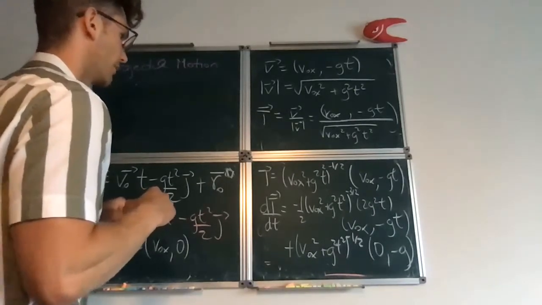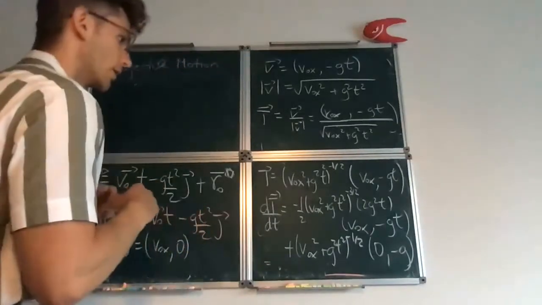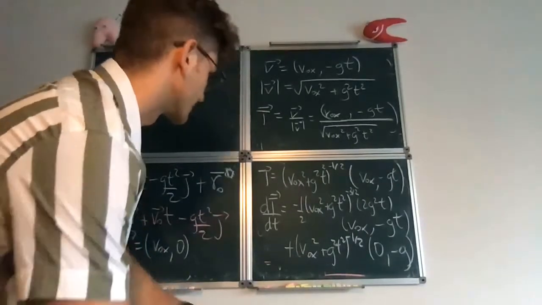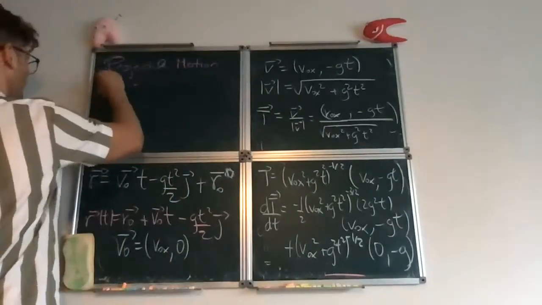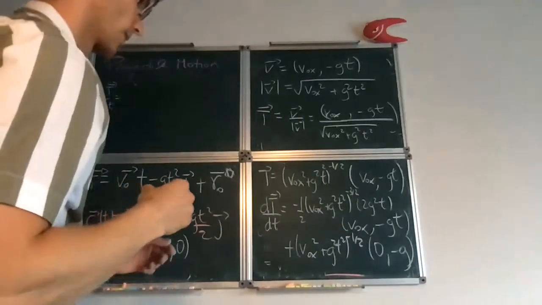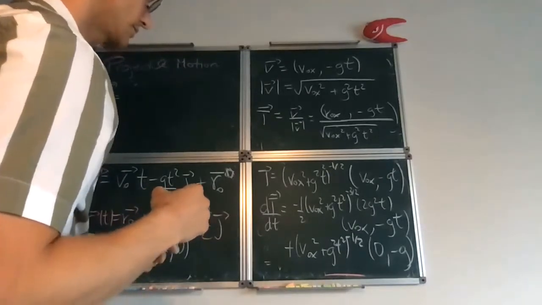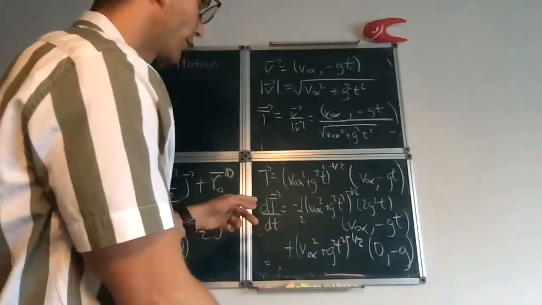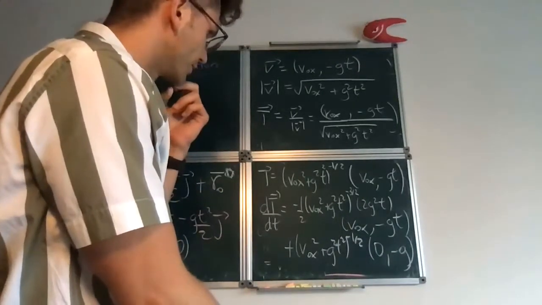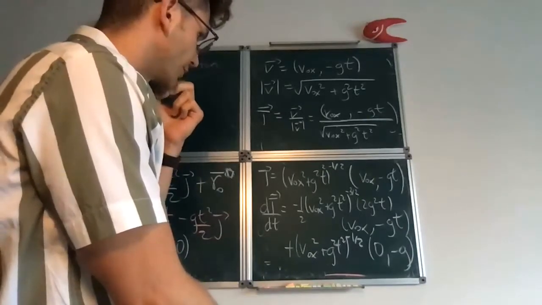Okay, so if you want, you can still simplify this a little bit more, because we need to take the norm, and you still don't want to take the norm with this expression being so messy.